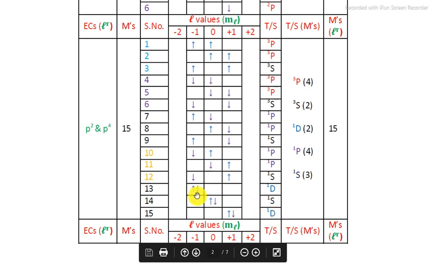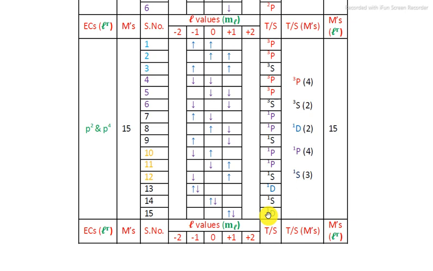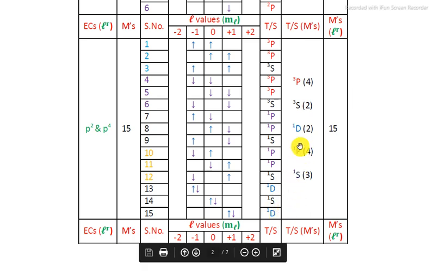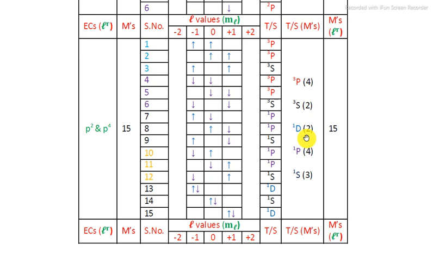Total number of unpaired electrons here 0, here also 0. The total spin multiplicity is 1. 1D, 1D. 1D terms are 2. Here number of microstates are 15: 3P 4, 3S 2, 1D 2, 1P 4, 1S 3.